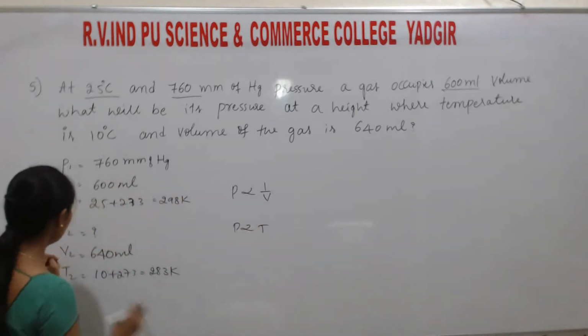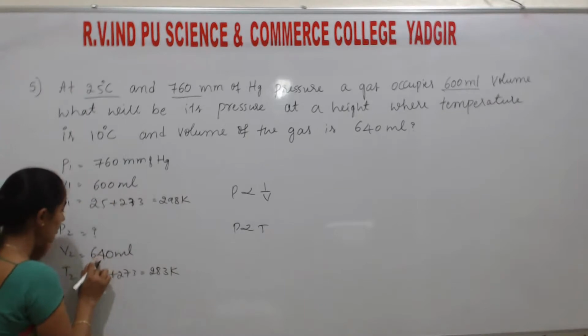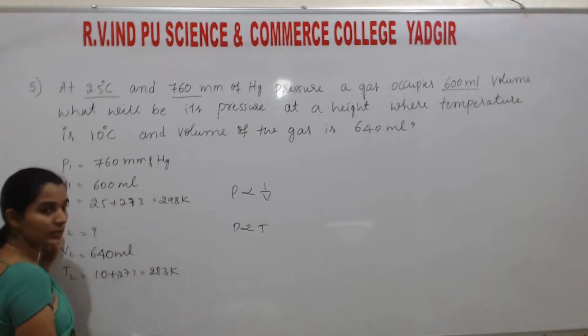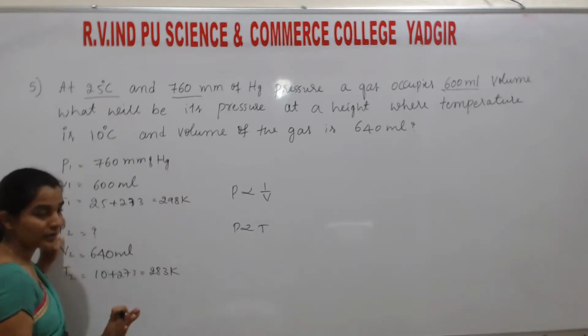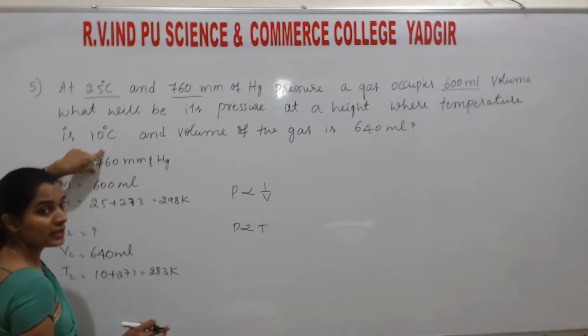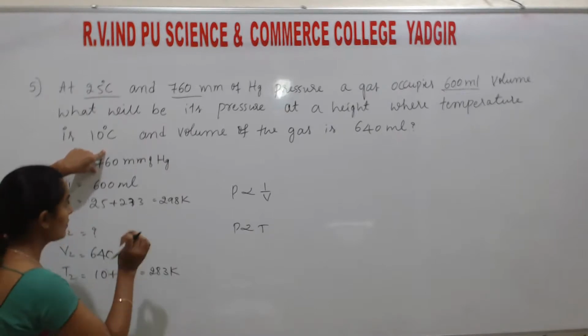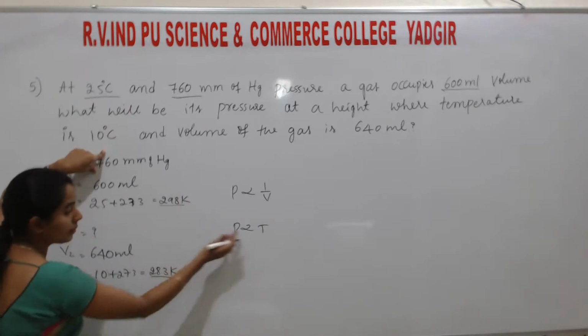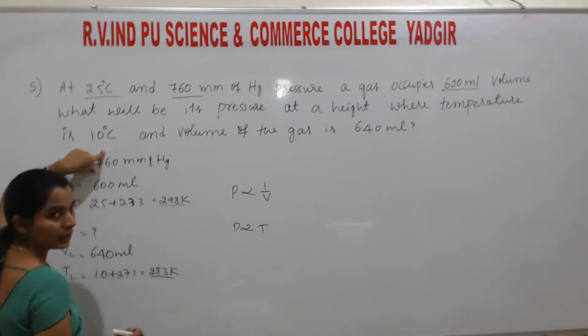Understood? So here, V1 is 600, V2 is 640. Volume increases means pressure decreases. That means the pressure must be less than 760 mm of Hg. And remember, temperature here 298, here 283. Temperature decreases means pressure also decreases.